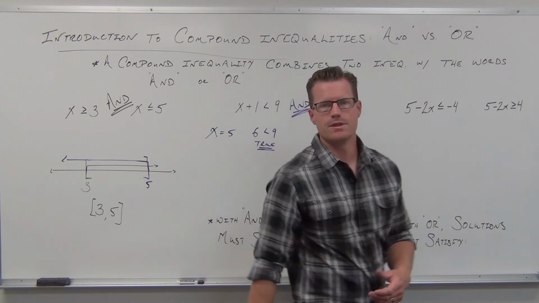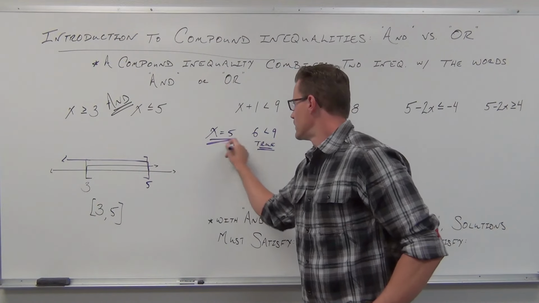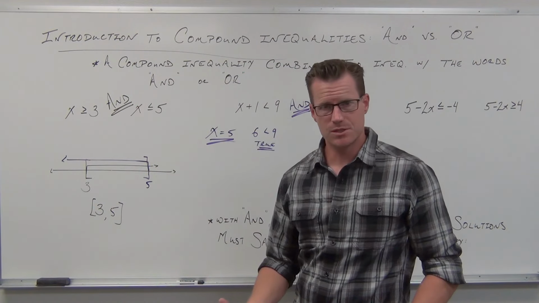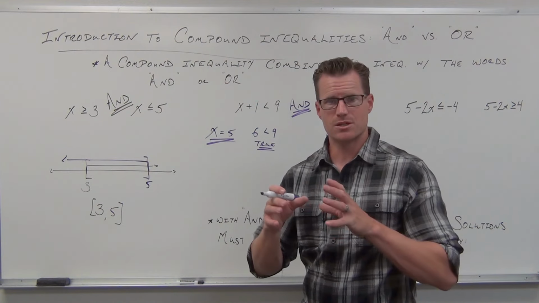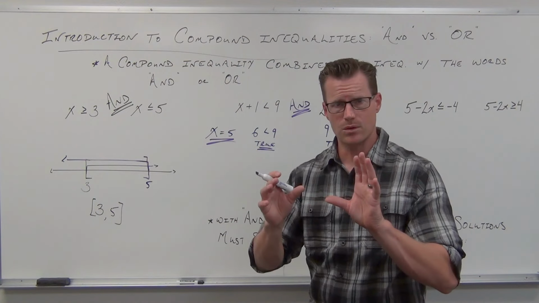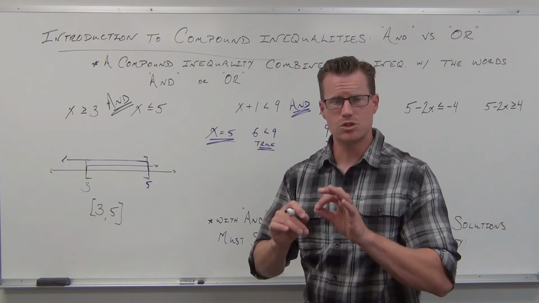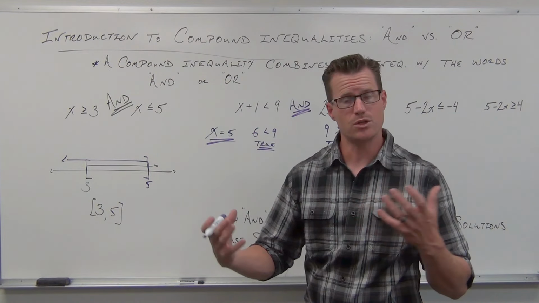And this is the nature of the and inequality. In order for a number like x equals 5 to be a solution with the word and, we have to have that number being a solution to both inequalities. So we plug the same number into both inequalities, and if it's a solution to both of them, then it's a solution to the compound inequality joined with the word and.